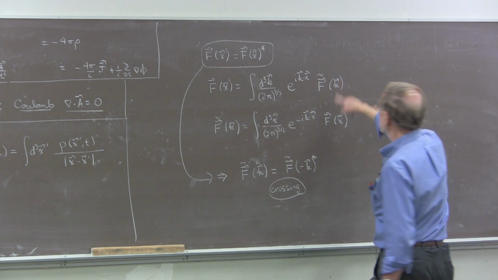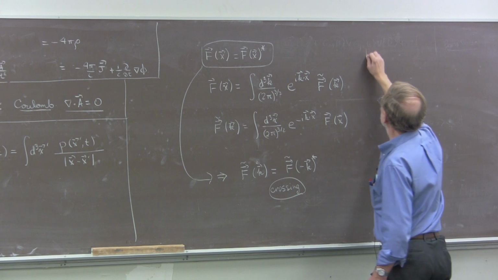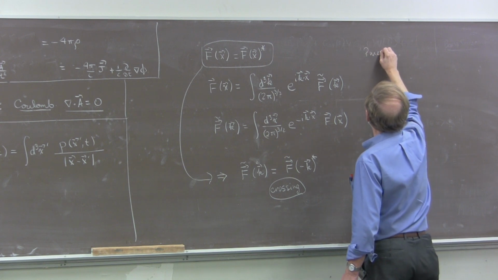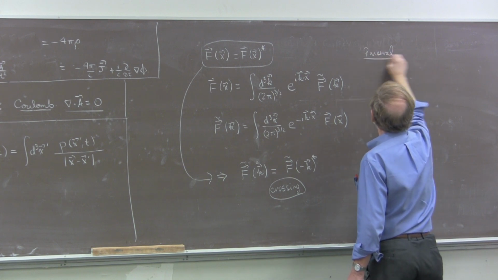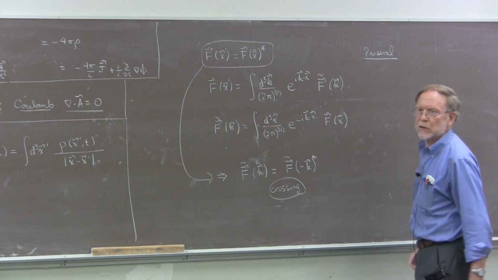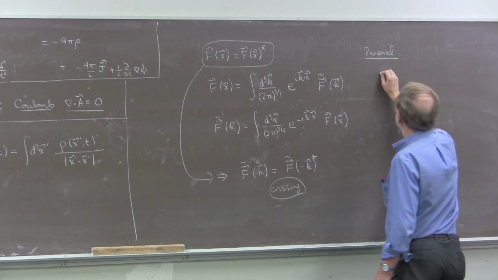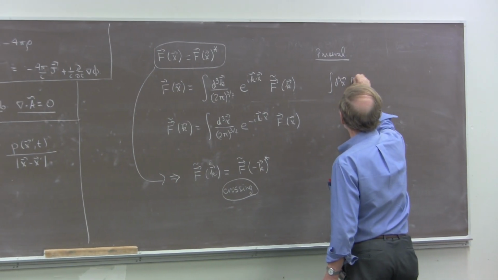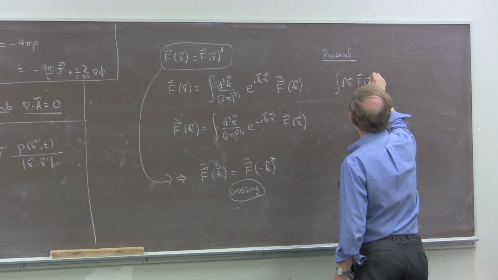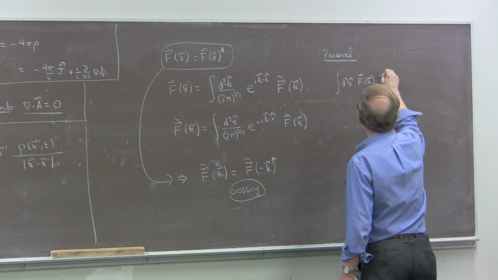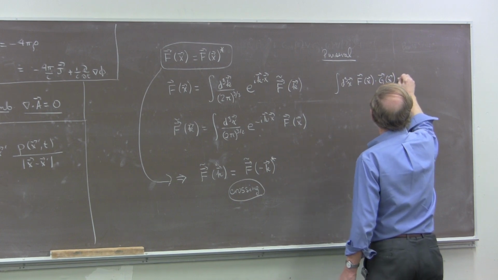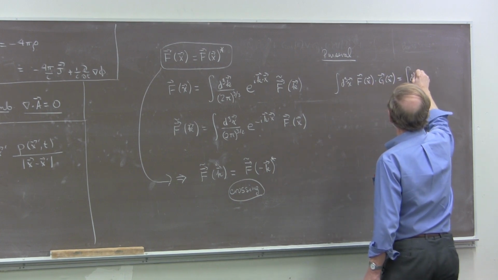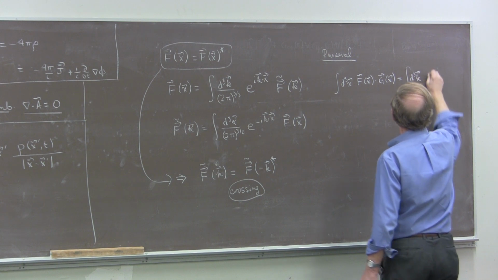One of the consequences of these definitions is the Parseval identity. And not to be confused with the opera by Wagner, which is spelled differently. The Parseval identity is that if you integrate over all of real space two vector fields, let's call them F and G, dotted into each other, you get the equivalent integral over k space, except in k space the fields are complex.